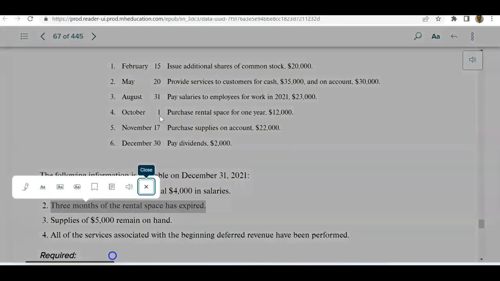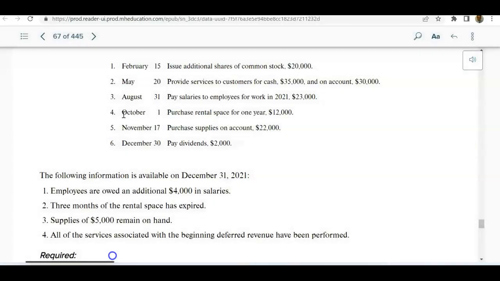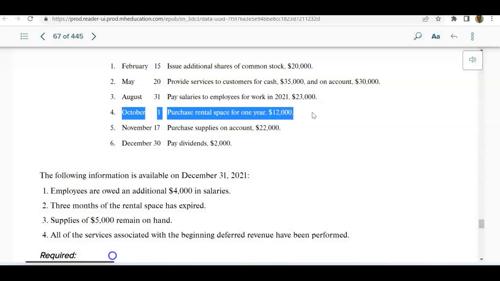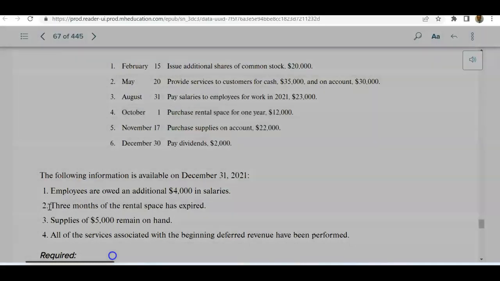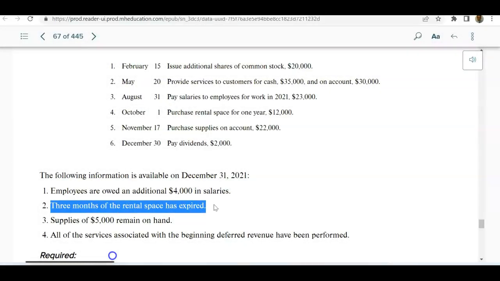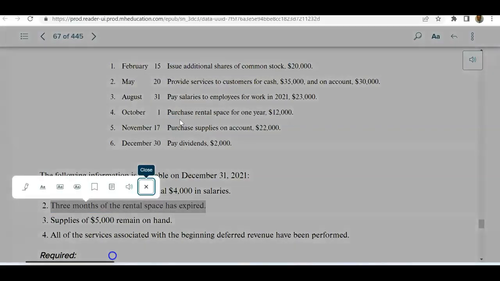I know already I paid for rent in October, and as an accountant, I know that October, November, December needs to be recognized.